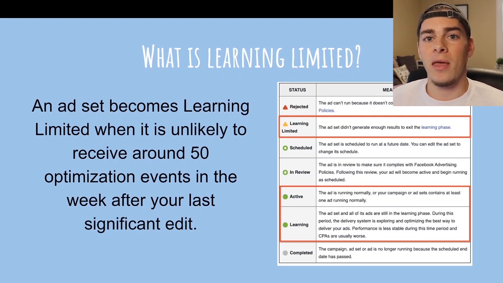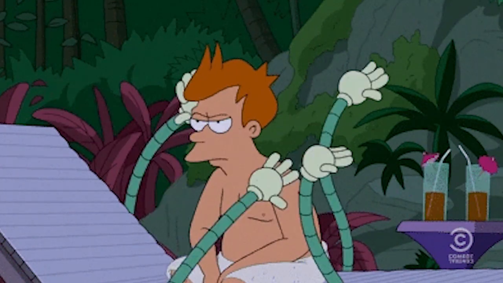So at that rate, if you were spending $10 a day and you needed to spend $30 just to get one sale, you're only on track for maybe 2 or 3 sales a week for an ad set. And Facebook sometimes will expect you to hit 50, or they might do something to impact the performance of that ad set. They might actually punish you for not hitting that 50 conversions per week, but we'll get into that.